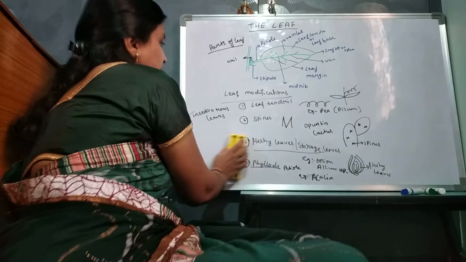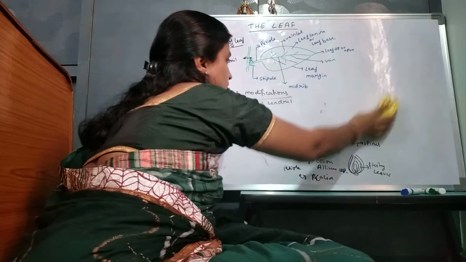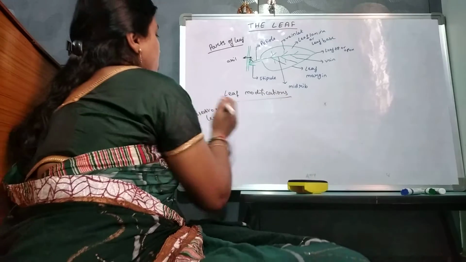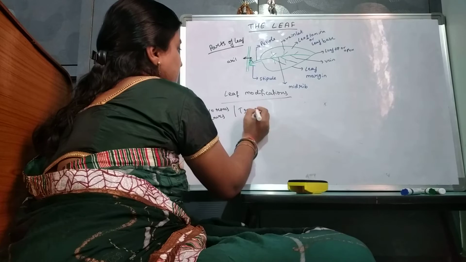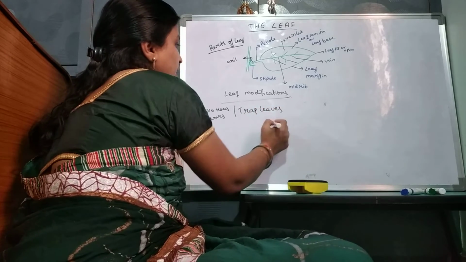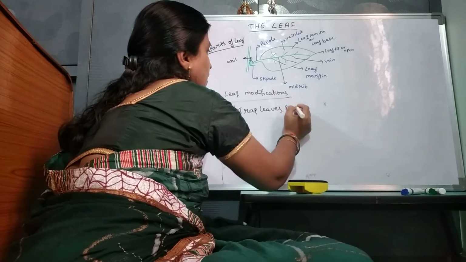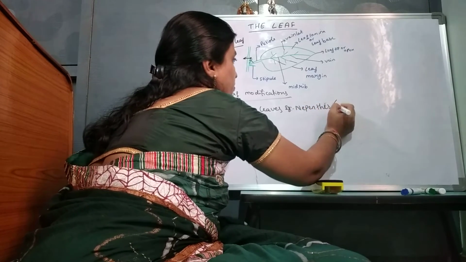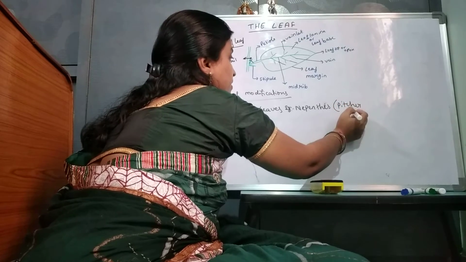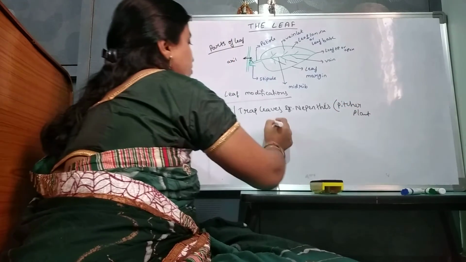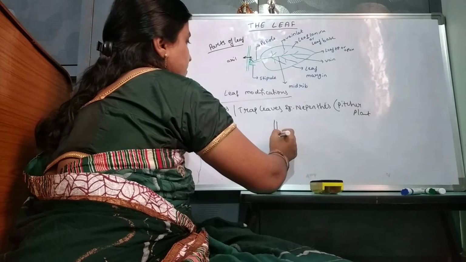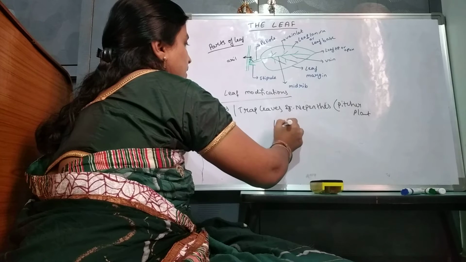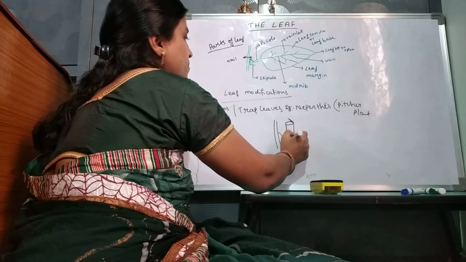Examples: or you can also call them as trap leaves. Example: Nepenthes or pitcher plant, where the leaf is going to modify into a pitcher-like thing. Like this. This is the pitcher.